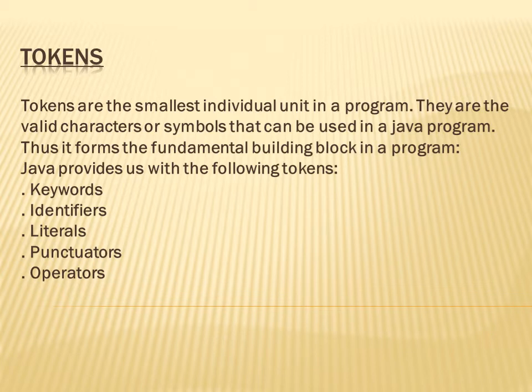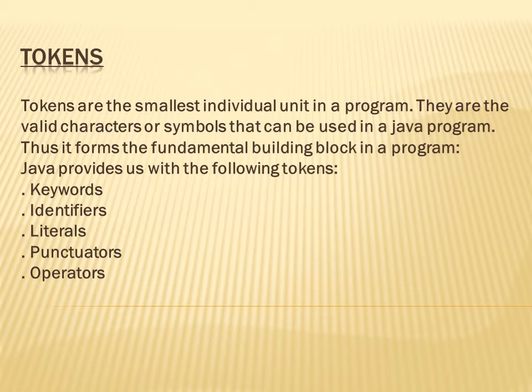They are the valid characters or symbols that can be used in a Java program. Thus, it forms the fundamental building block in a program. Java provides us with the following tokens: keywords. Keywords are otherwise called reserved words, that is, the words that are already present inside the software.